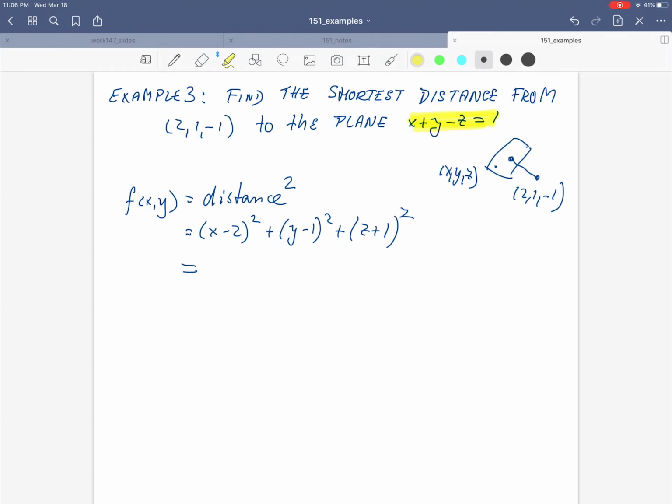For example, I can write z in terms of x and y. From the equation of the plane, z is x plus y minus 1, and plug it into our formula. So we get (x minus 2) squared plus (y minus 1) squared plus z plus 1, so that's (x plus y) squared.